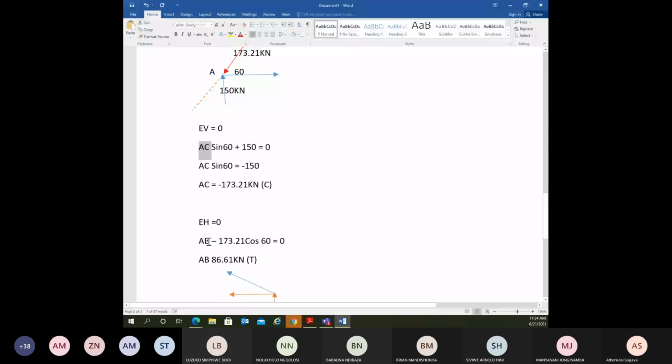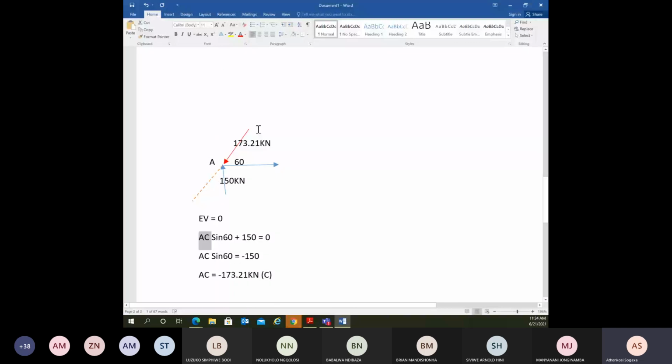For the vertical of AC, this member uses the number 173 multiplied by sine 60. Hence the sum of the verticals is equal to 0, and by using sine I get the magnitude of this force.